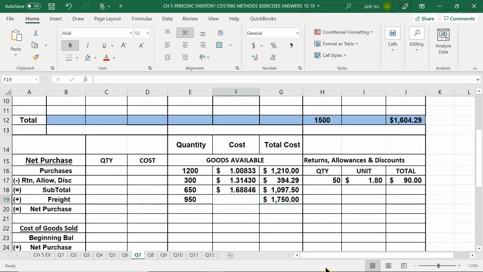So now I need to recalculate my cost per item because I have a new quantity and a new total cost. So what is my cost per item going to be for this batch right here? $1.842105. Good.